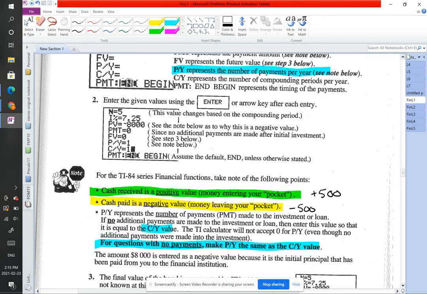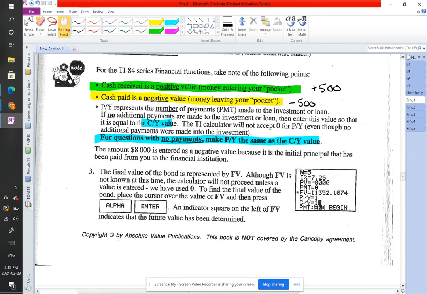For some reason, the calculator won't work if you put 0 in there, even though you're making no payments. So for example, if you invest $500 and that's it, you're not going to invest anymore, you still have to have a number in for PY. So you would just make it equal to the compounding periods, the CY. And we're going to get a lot of practice on this, so that's good. But that's just a little intro. I think it'll be easier once you play around with it a little bit.